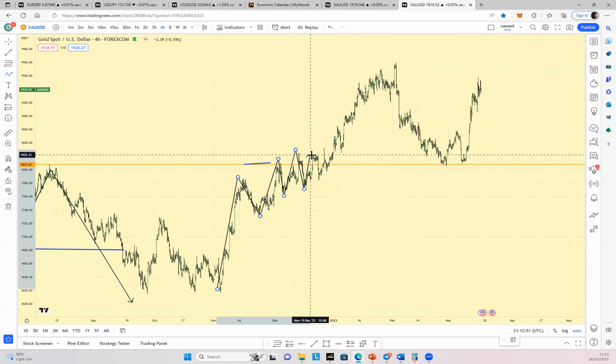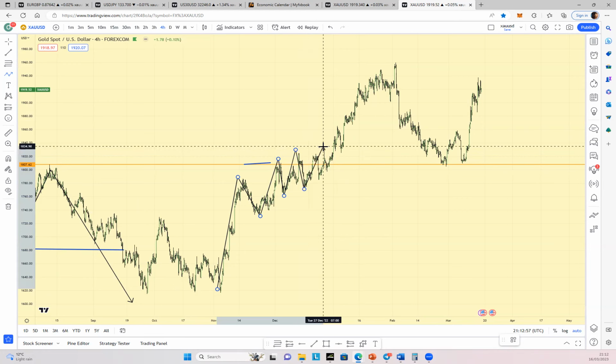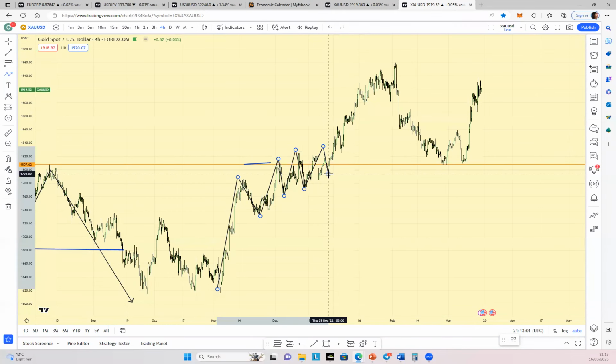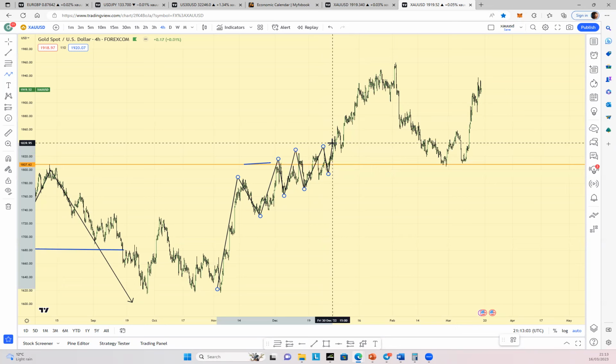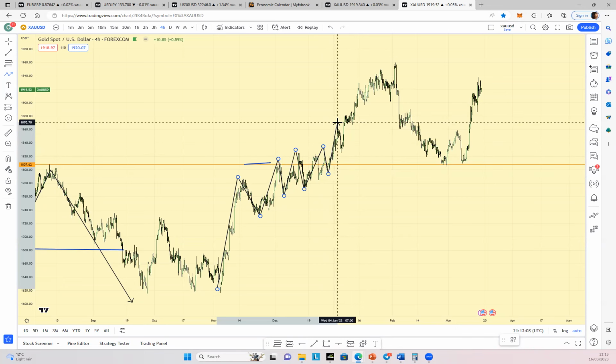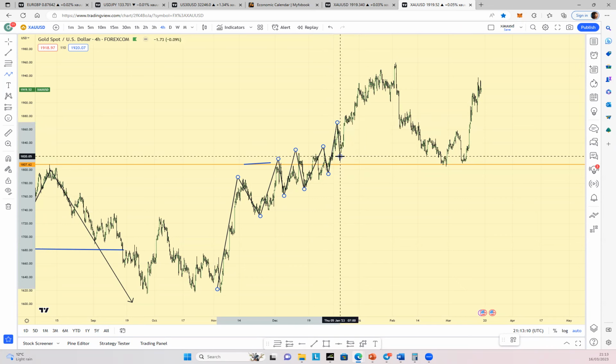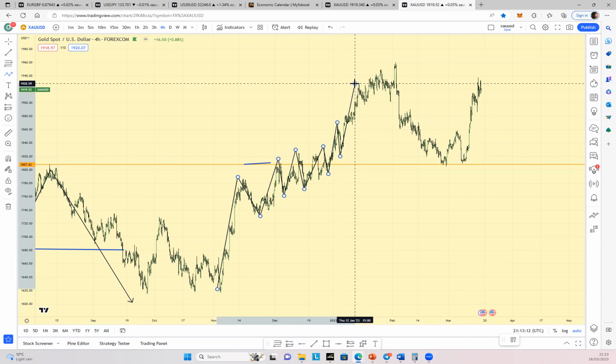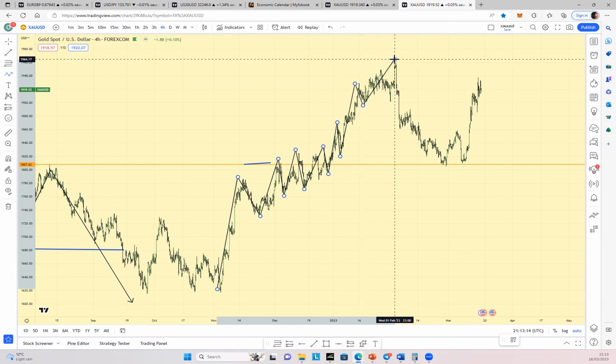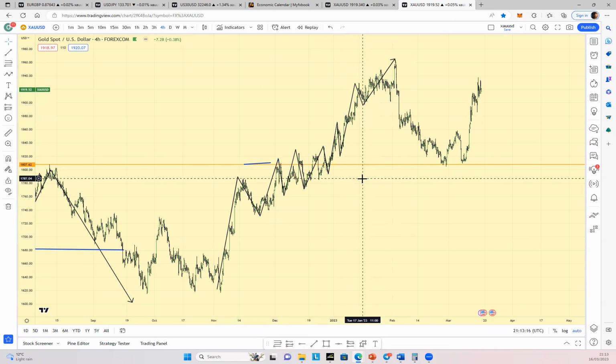I'm not picking this as a higher high because it did not break the previous one. So I have to pick something that's broken the previous one, which is this one. I'm not taking this one because there's nothing there. I have to pick what's broken. So you're looking for the major structures in the markets.